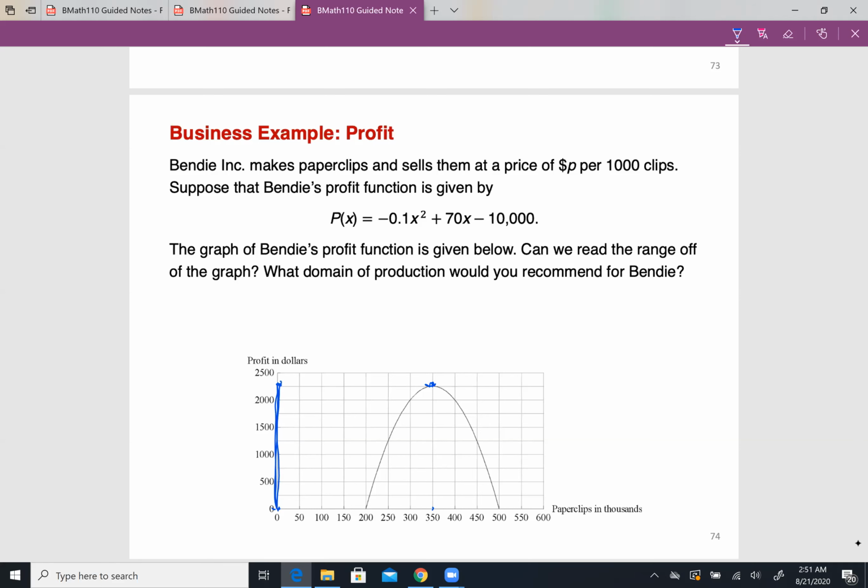Okay, so the range is P of x in between 0 and 2,250.